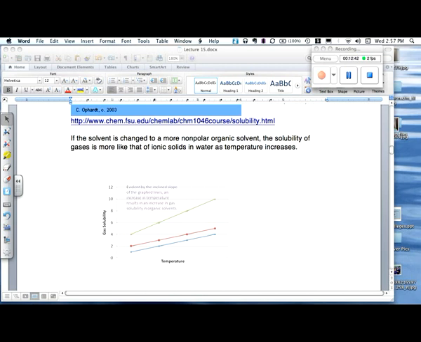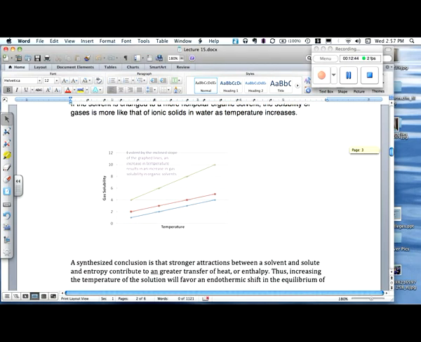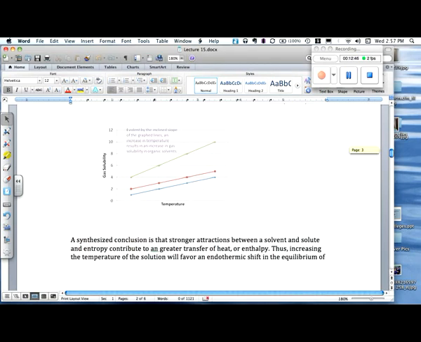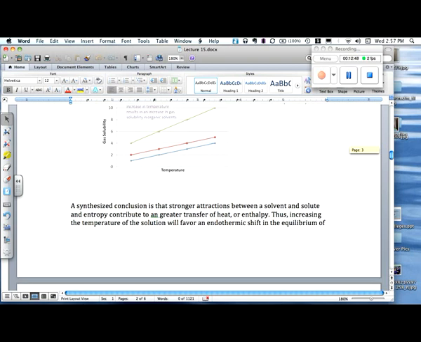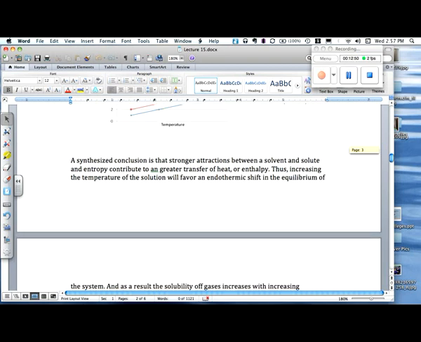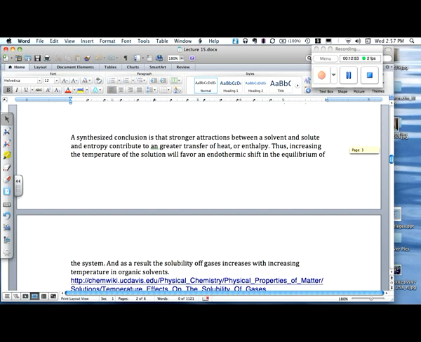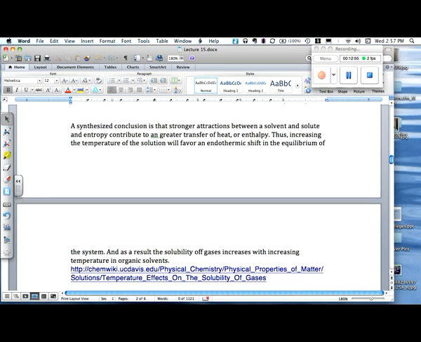I have reproduced here the explanation from the website where I got the graph, and it's pretty complex, but I thought that maybe some of you would like to see where you're headed by about Chem 132. A synthesized conclusion is that it's stronger attractions between a solvent and solute. That would be true. Stronger attractions between nonpolar and nonpolar. Gases are nonpolar.